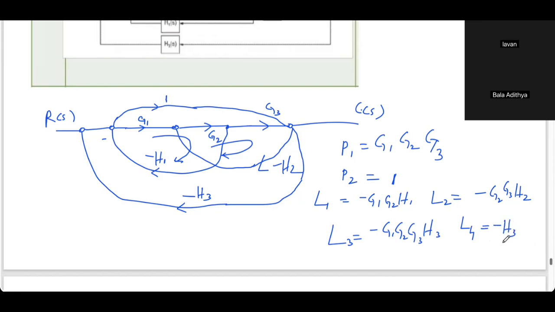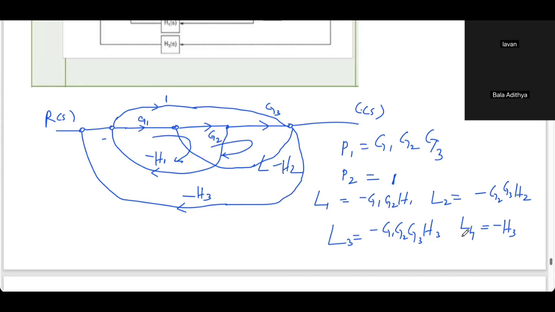Okay. And is there any non-touching loops? L1 is touching L2, L3 and L4. L2 is touching L1, L3 and L4.